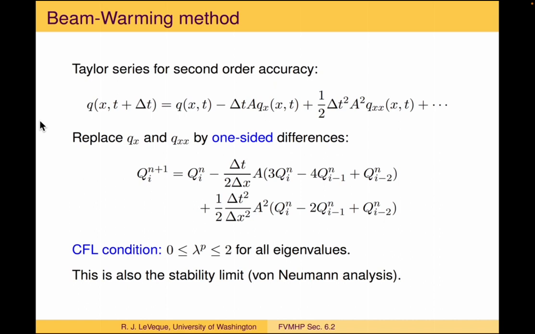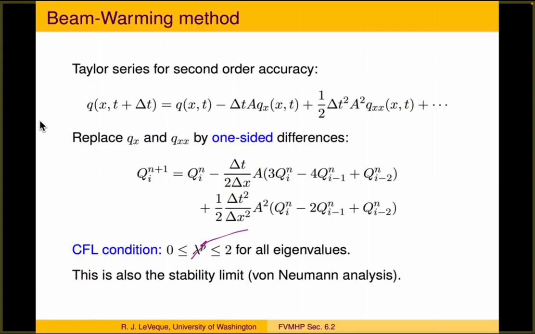Turns out you can show that, for this method, the CFL condition would be that, well, this should be not lambda, but lambda times delta t over delta x. This should really be the Courant number in here. Lambda_p delta t over delta x has to be between 0 and 2 for all of the eigenvalues, just based on the stencil that we looked at a moment ago.